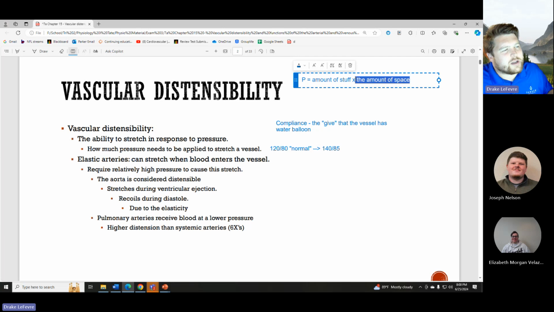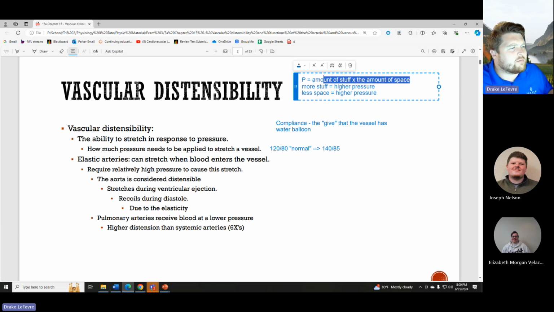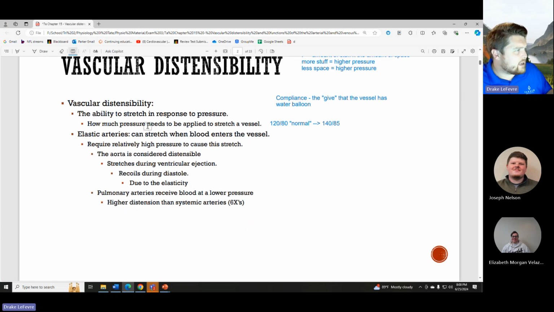This equation isn't perfect, but more stuff equals higher pressure, and less space equals higher pressure. It's fine for our purposes now. Okay. So the elastic arteries, especially when we talk about arteries, remember arteries have that level of elastic.